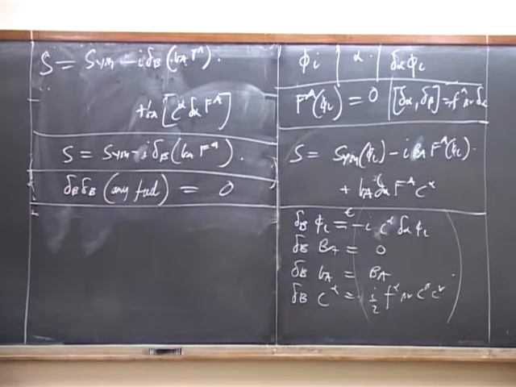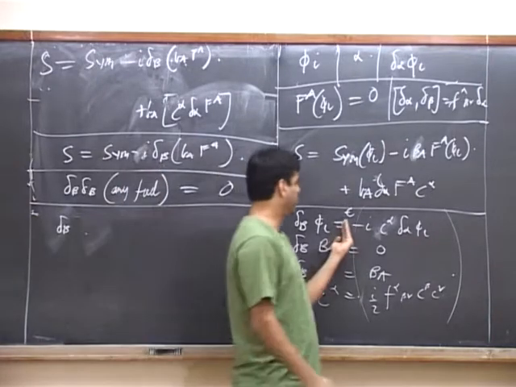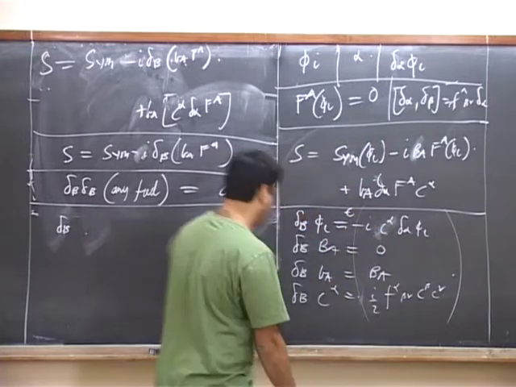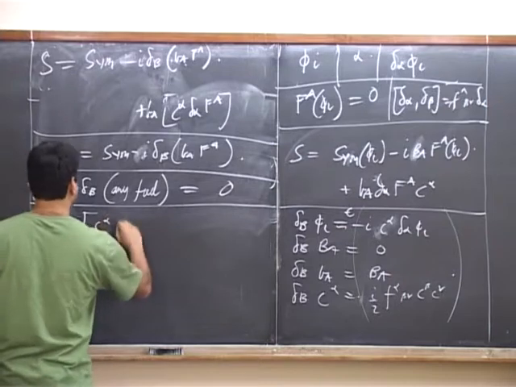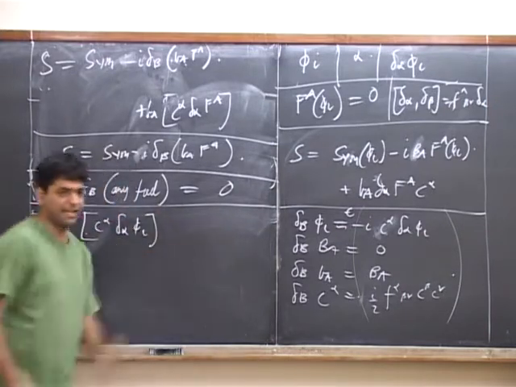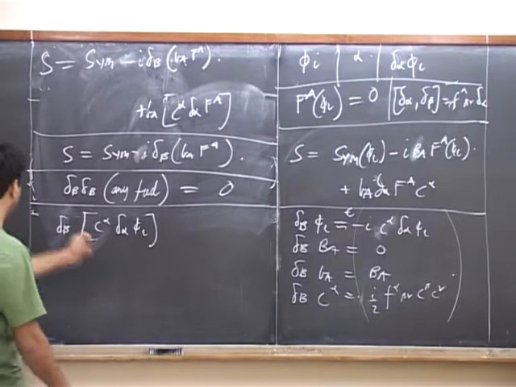Okay, so let's first try it. What we want to check is the delta B of the variation of phi I. If it's 0, it's 0 up to constants as well, so I'll drop minus I. So delta B of C alpha delta alpha phi I want to calculate this and check whether it's 0. So this is two terms.